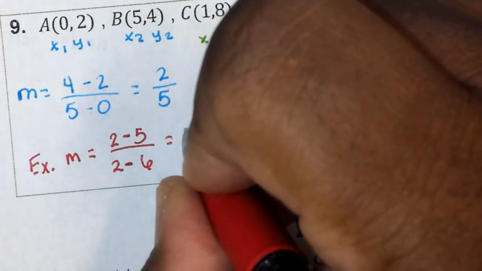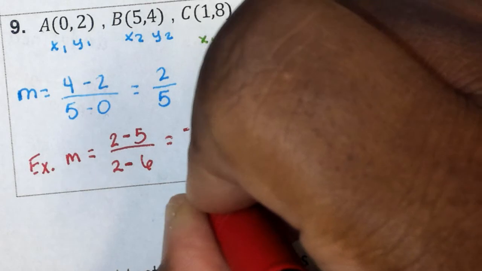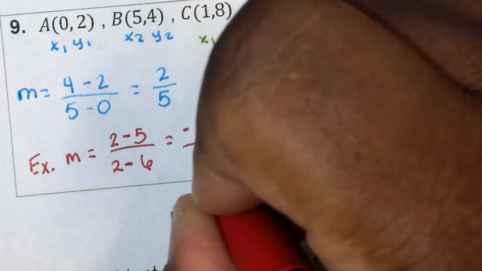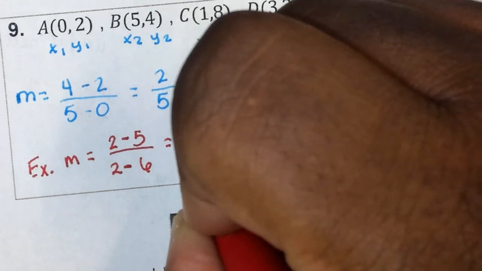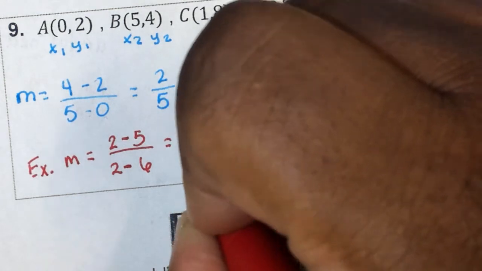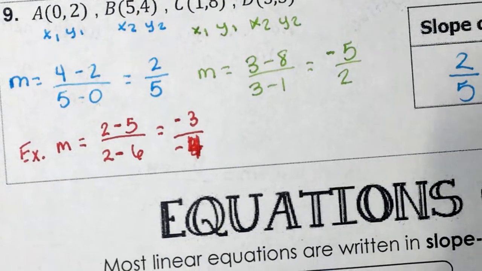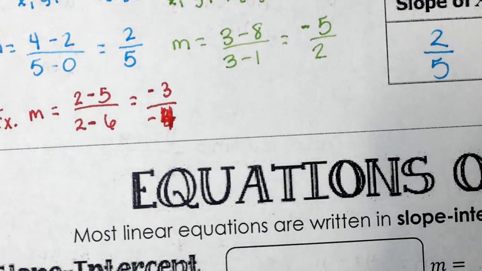On top you would get negative 3. On the bottom you get negative 4. You get double negatives there. What should your slope be?